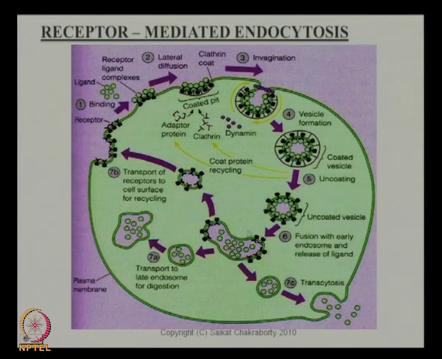So, after this dissociation takes place, it is time for the ligand and the receptor to separate out, and as you can see over here, the ligands go back and stick to the membrane of this vesicle, while the receptors are encapsulated within.